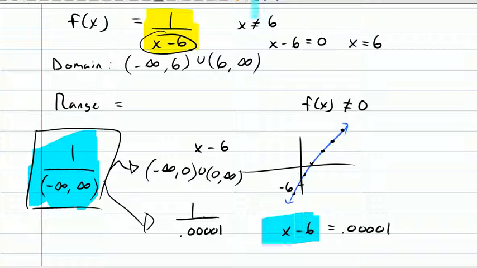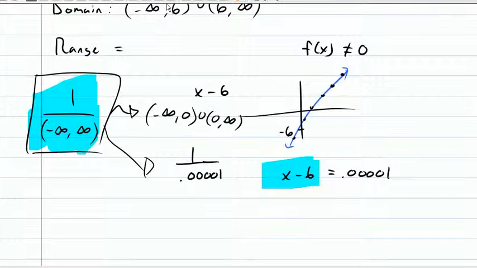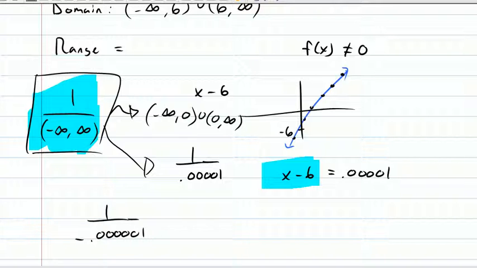Also, if we take 1 and we divide it by negative 0.00001, we're going to get a negative answer, right? But it's going to be really big. Because this says how many parts that are this big fit in 1. Well, those parts are really small.